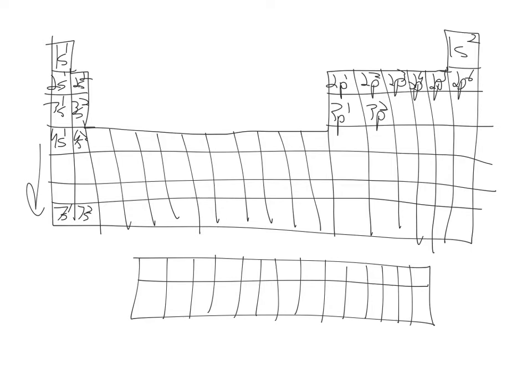Now, when you got to here, to the D block, you should have seen not 4D, even though it's on row 4, but 3D1, 3D2, 3D3, etc., all the way across to 3D10. Then you repeat again, 4D1, 4D2, okay?